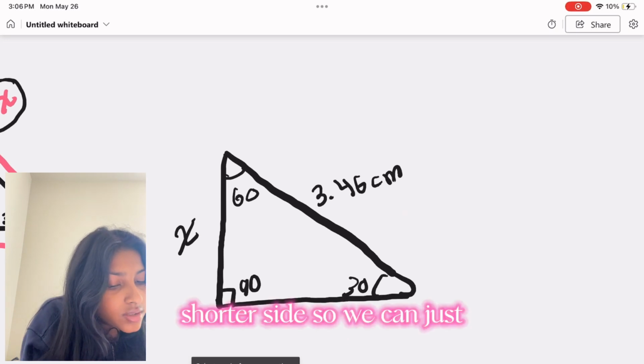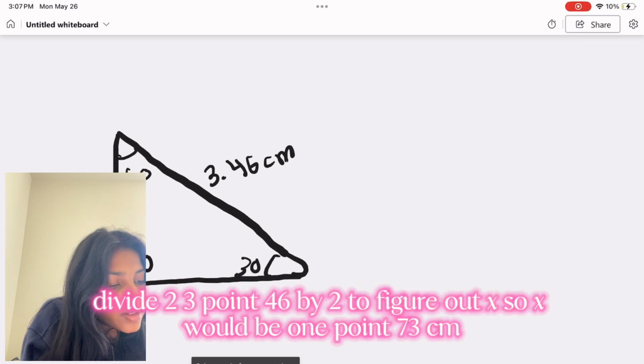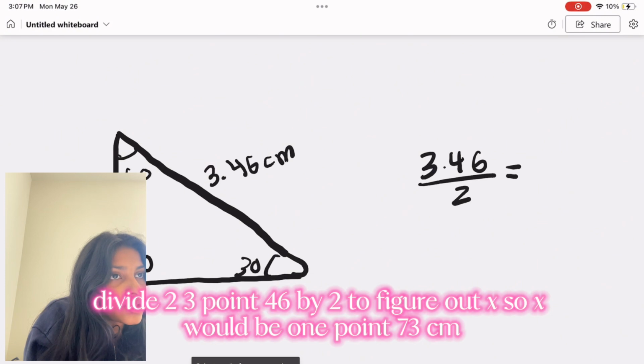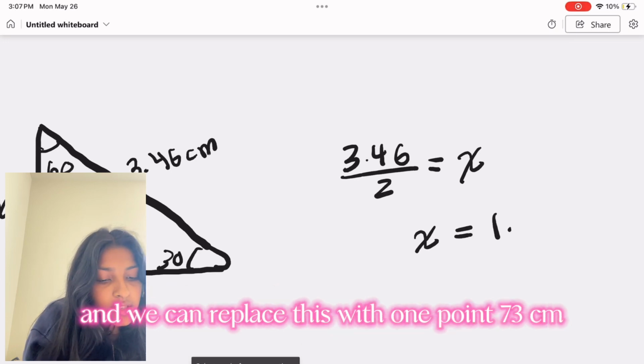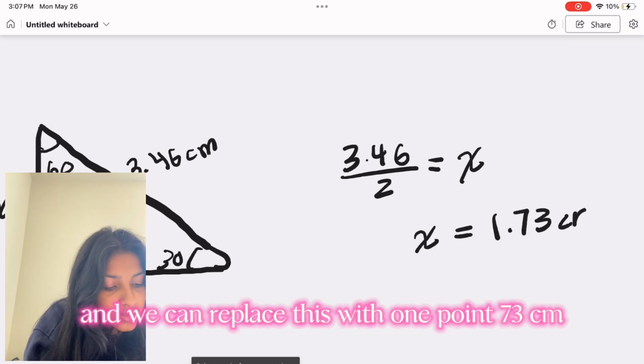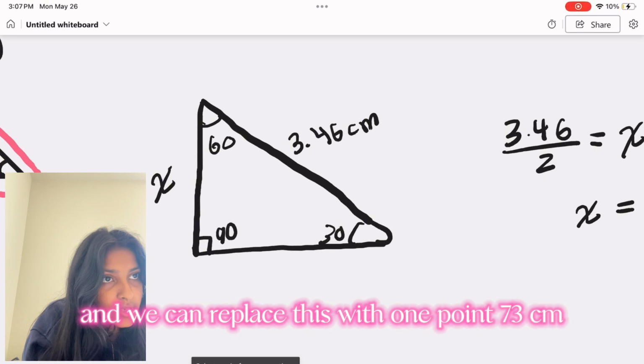So we can just divide 3.46 by 2 to figure out x. So x would be 1.73 centimeters. And we can replace this with 1.73 centimeters.